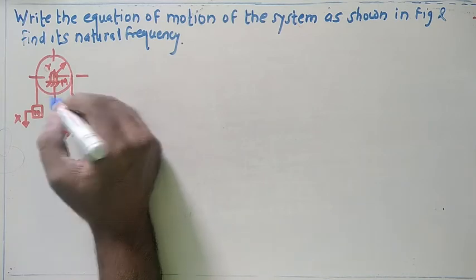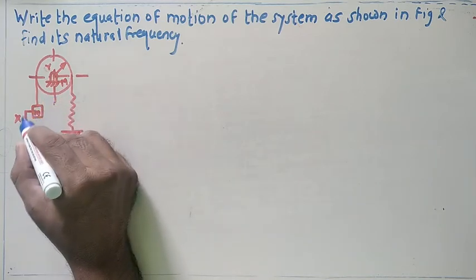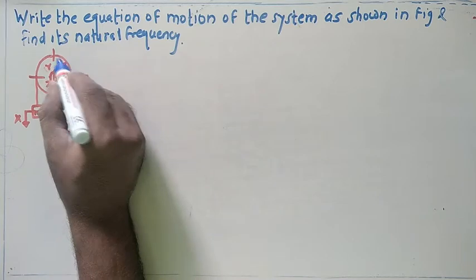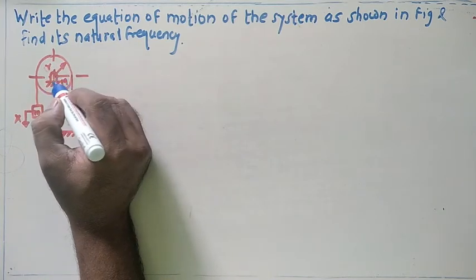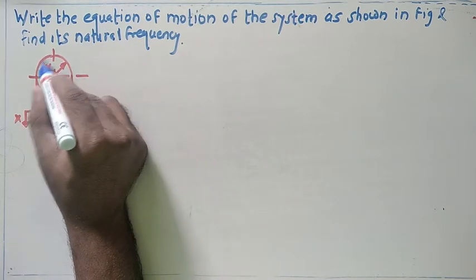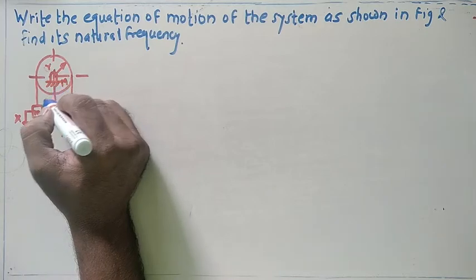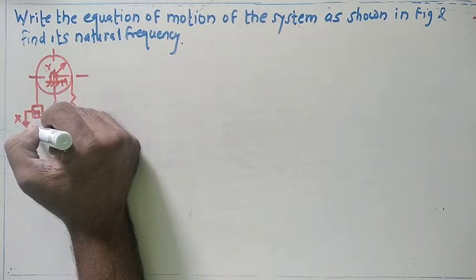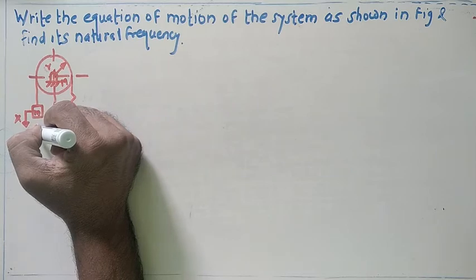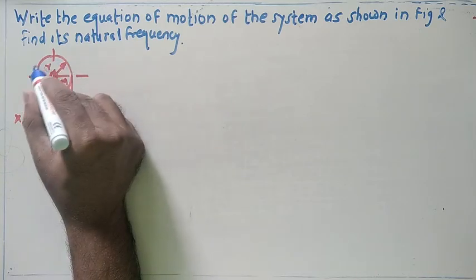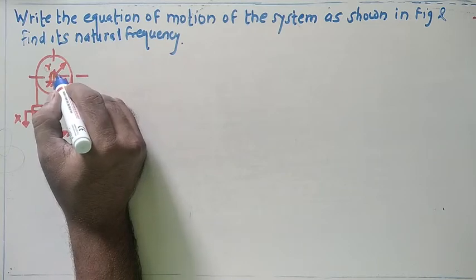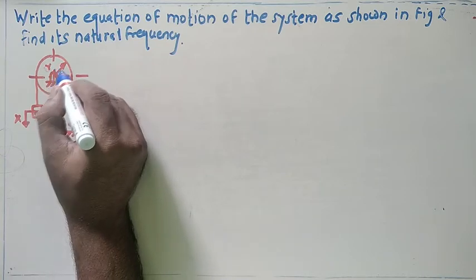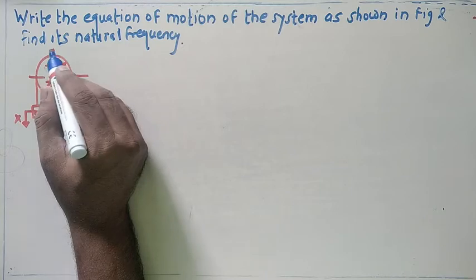So when I pull this mass downward, the pulley rotates. The mass has linear motion, and at the same time the pulley rotates through some angle with angular motion.